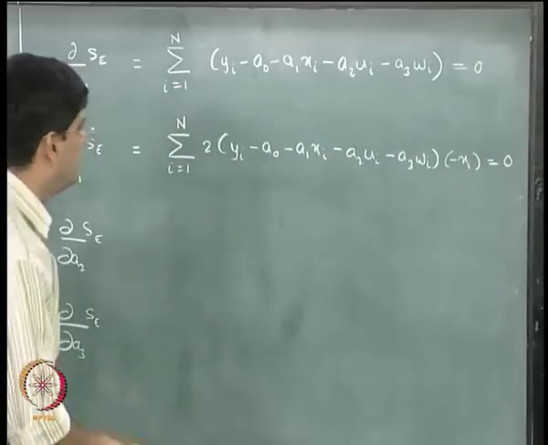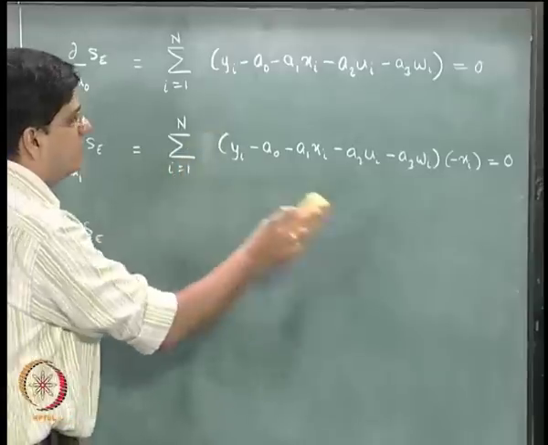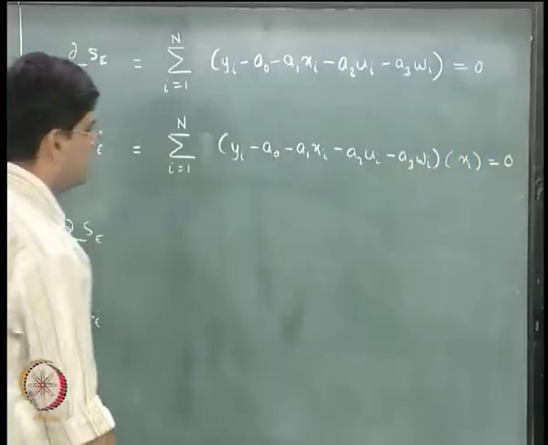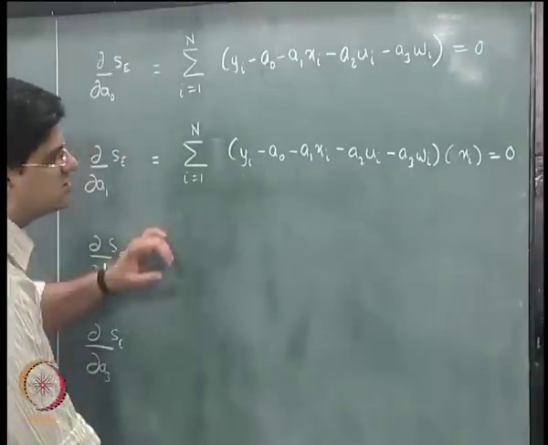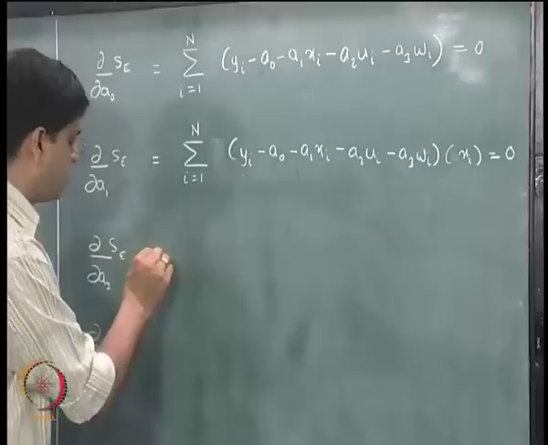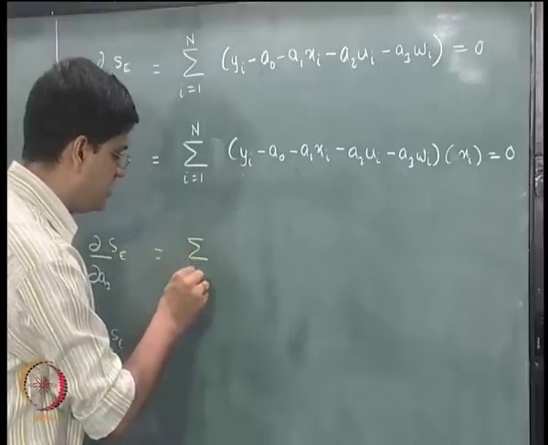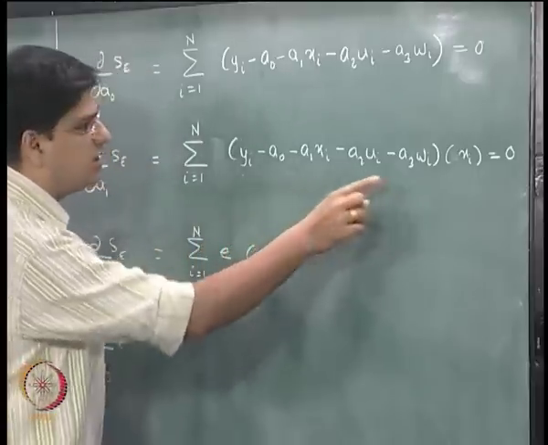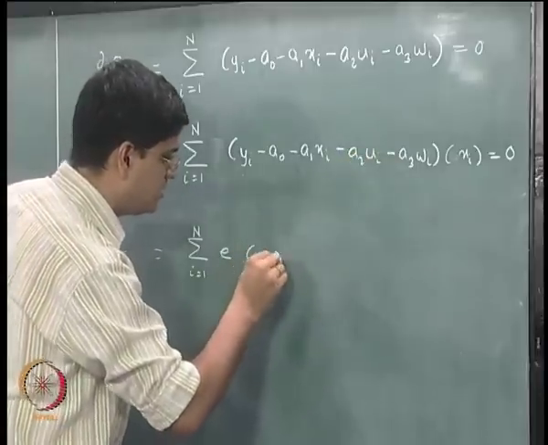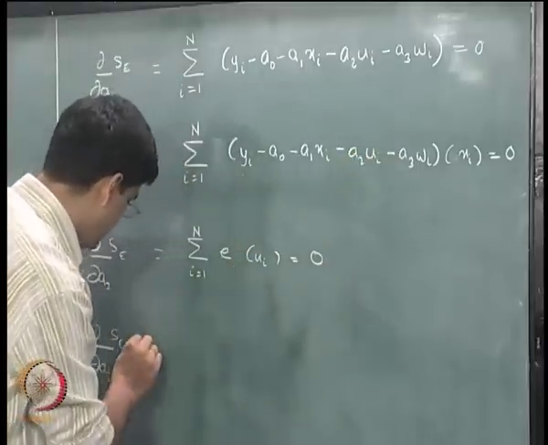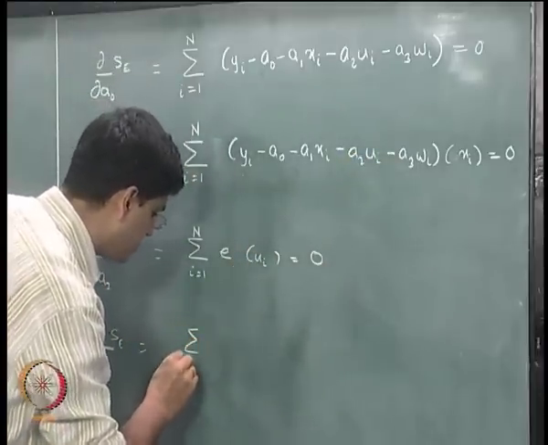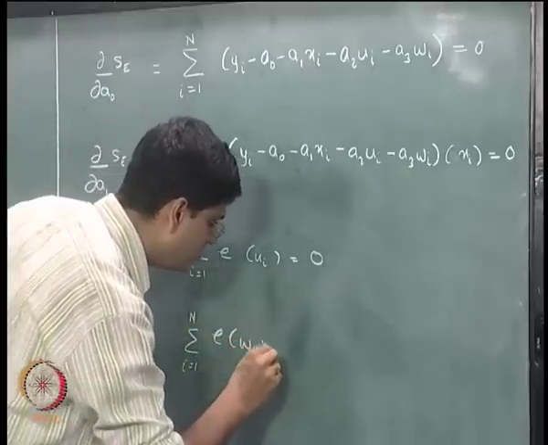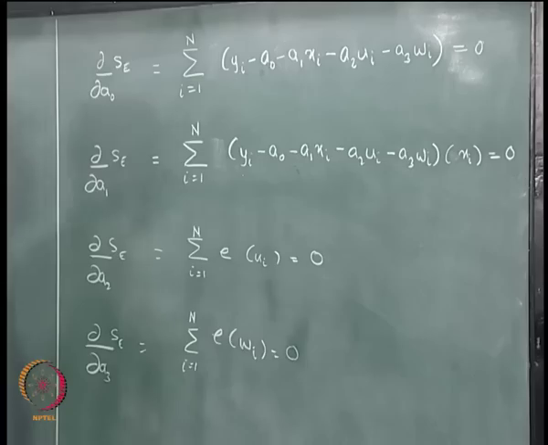Again we can delete this 2 and this minus sign. Likewise, we will have the expression for this as summation i equal to 1 to n, E multiplied by ui equal to 0, and in this case summation i equal to 1 to n, E multiplied by wi equal to 0.